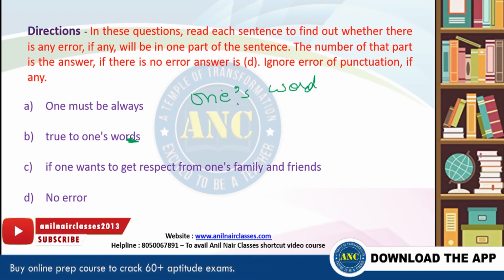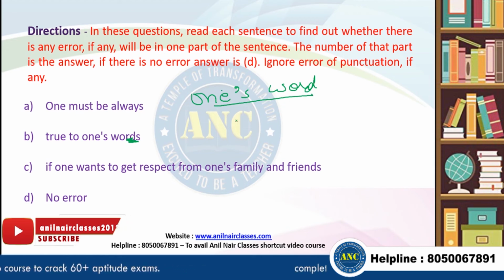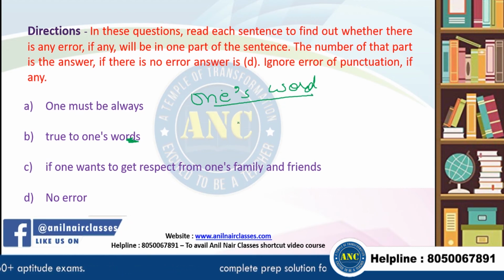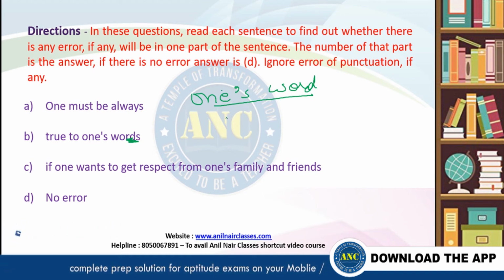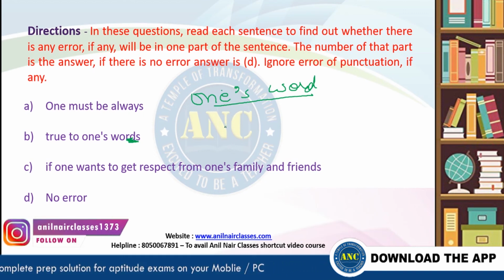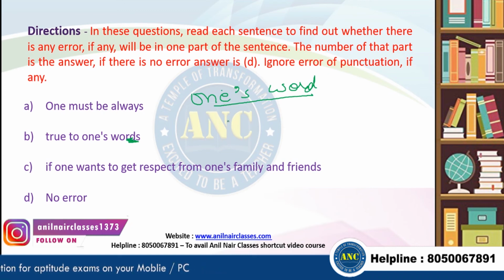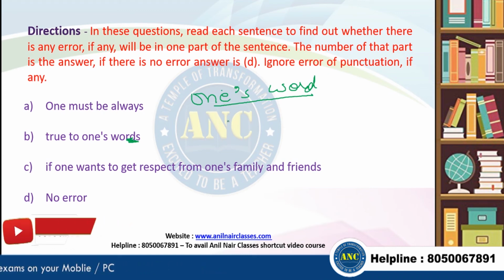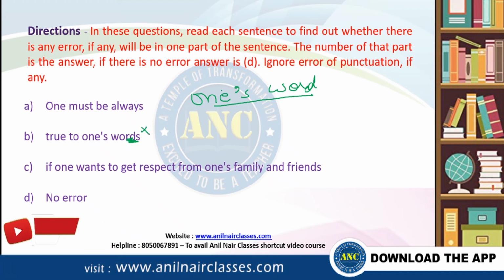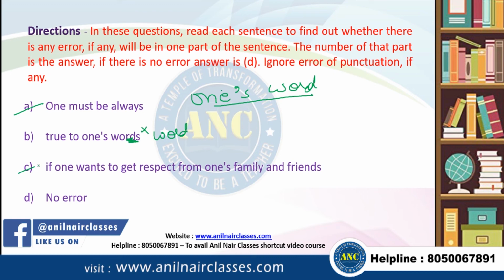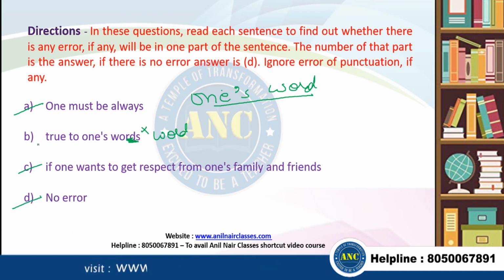When I say one's word, it means whatever the concepts, ideas or beliefs I am trying to say. When I say that I will do this, and then I don't follow, then you can say one must follow one's word. That means I told you those 10 lines, I should have followed those 10 lines. Right? So this words will not be there. It should always be word only over here. So that's how we can get rid of A, C and D. Our right answer is B.